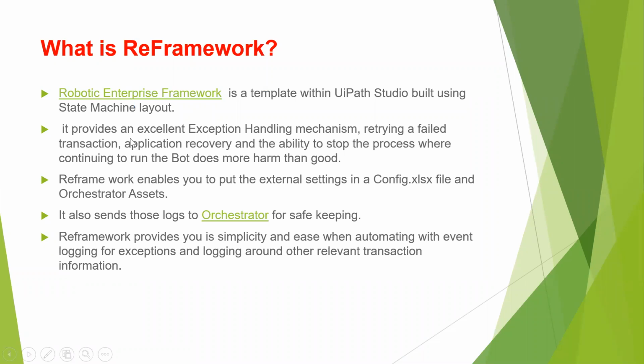So it provides an excellent exception handling mechanism, then retrying of failed transactions, application recovery, and the ability to stop the process where continuing to run the bot does more harm than good.